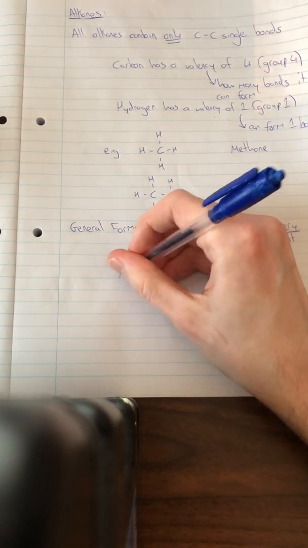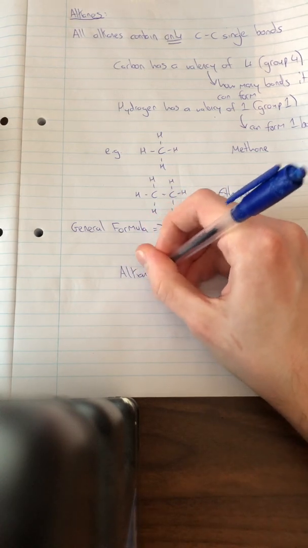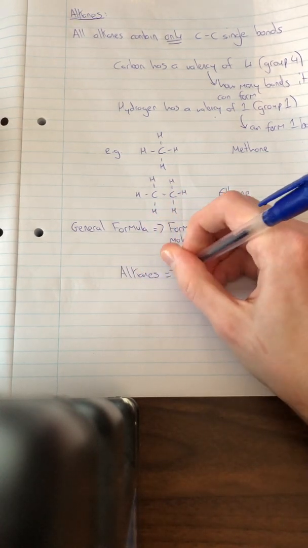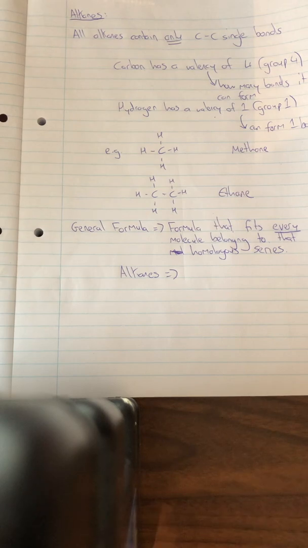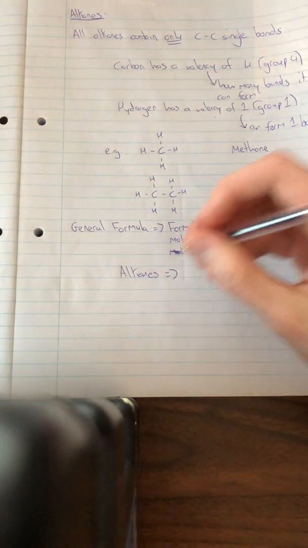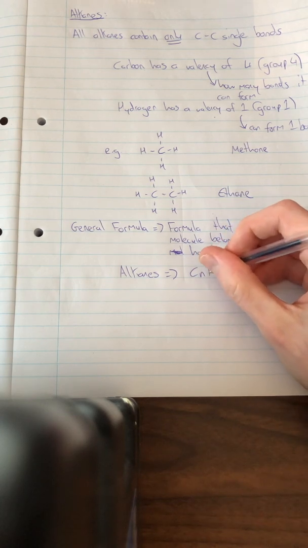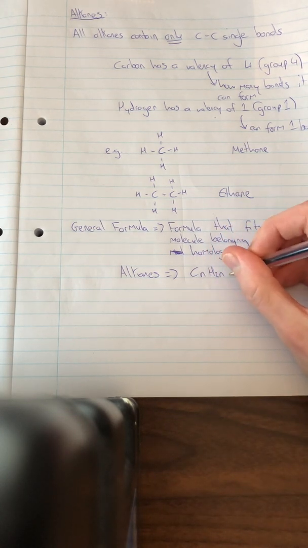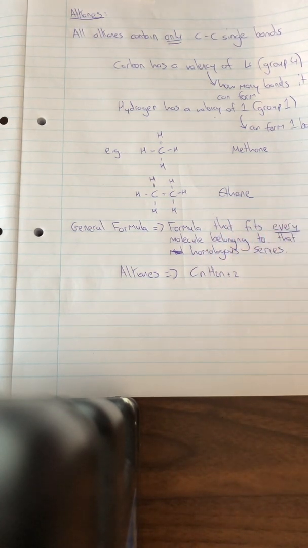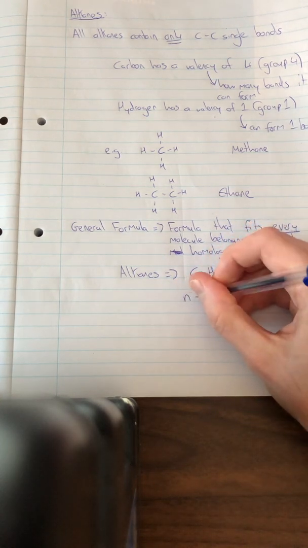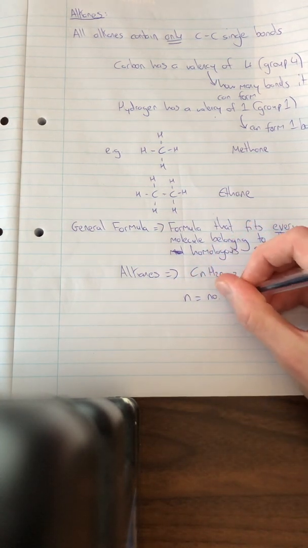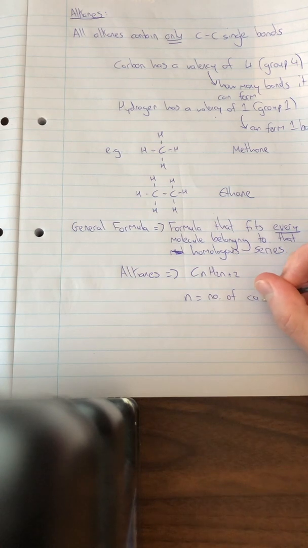So for alkanes, the general formula, and again you should have done this as we were doing the National 4 stuff, the general formula for alkanes is CnH2n+2, and n equals the number of carbons.